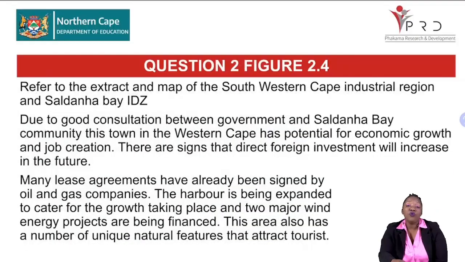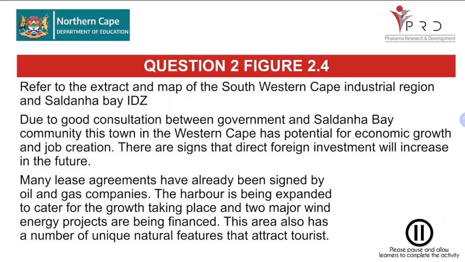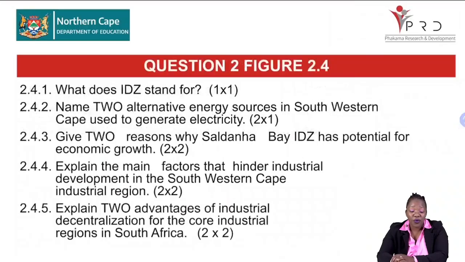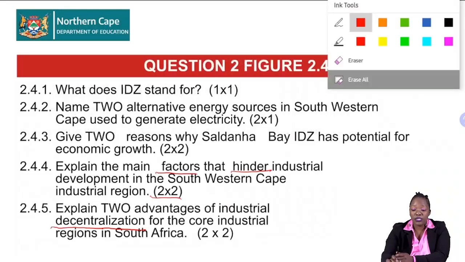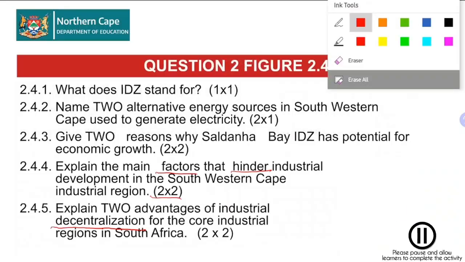I'm going to give you 2 minutes just to read the extract on your own, and then after 2 minutes, you will be able to start answering. I believe you are now ready to answer the questions. So I'm going to give you 10 minutes, and then after 10 minutes, we will proceed to your corrections.